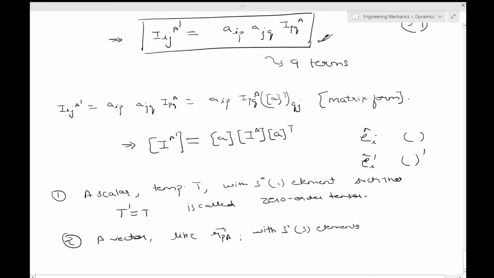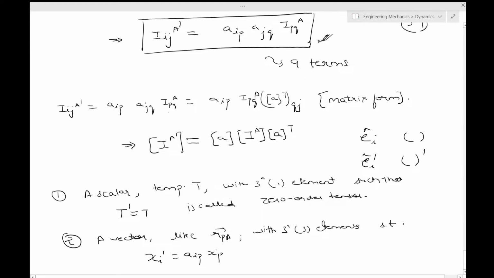A vector will have 3 components, such that x_i dash is equal to a_ip x_p.